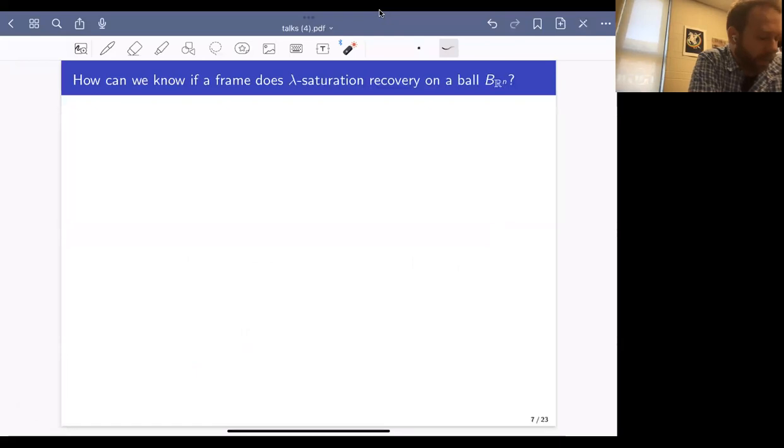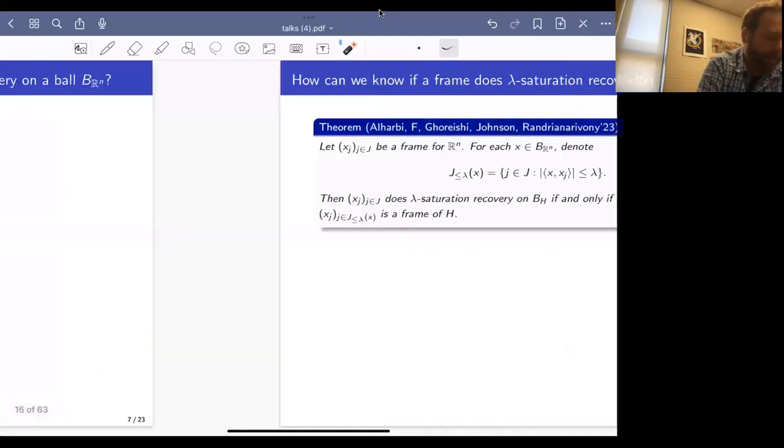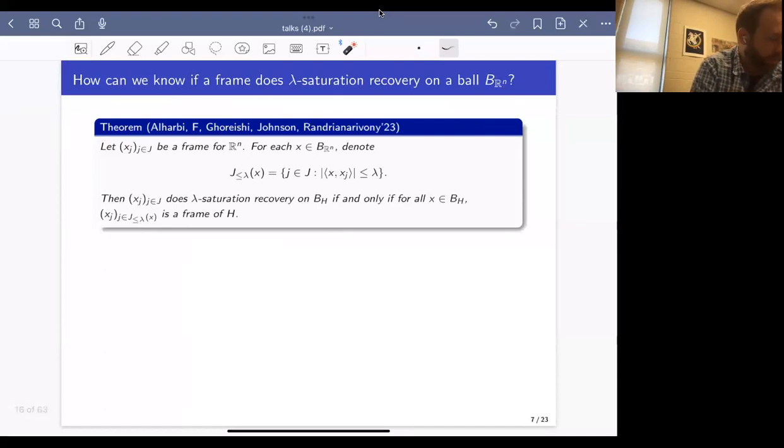So natural question, how can we know if a frame does lambda saturation recovery? And so we proved that if you take a frame for Rn, and then for each vector in the unit ball, these are going to be the coordinates where saturation does not occur.